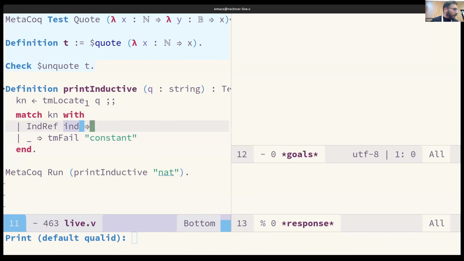So you have a reference to an inductive, and this inductive thing is going to contain exactly the path at the moment.